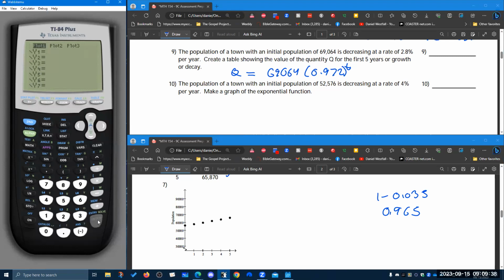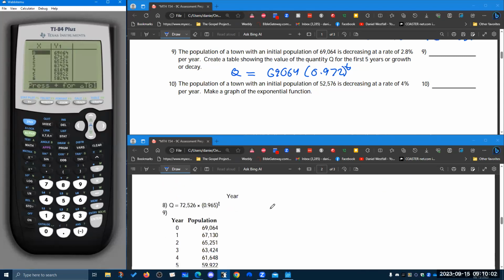Turn those plots off. 69,064 times 0.972. Gonna start at 0, that's good.